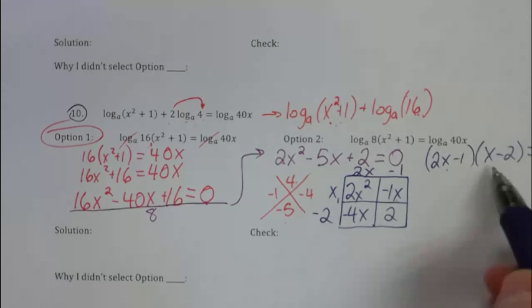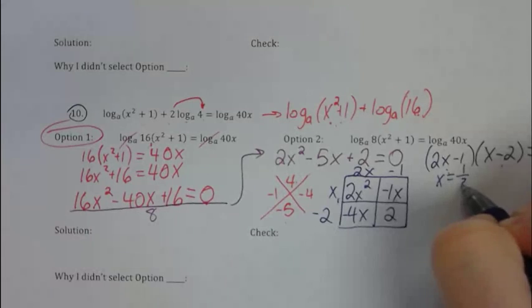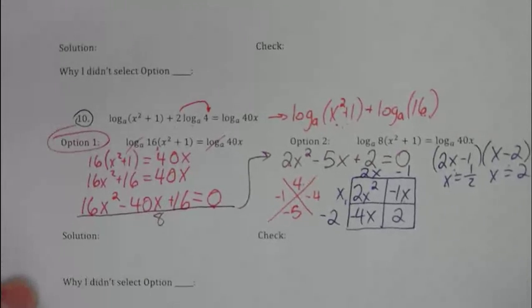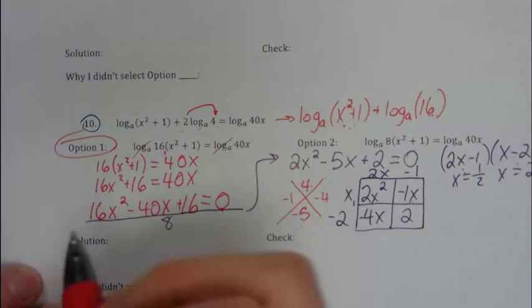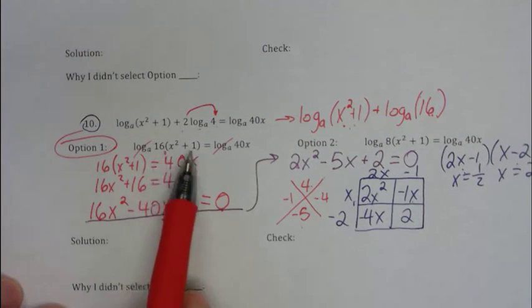So if I solve each of these two separate parentheses equal to 0, I would get 1/2 and 2 as my two answers. So now I just need to check to see if those two are answers that are going to work in my original equation. And so what that means I've got to do is I'm just going to use option 1 here.